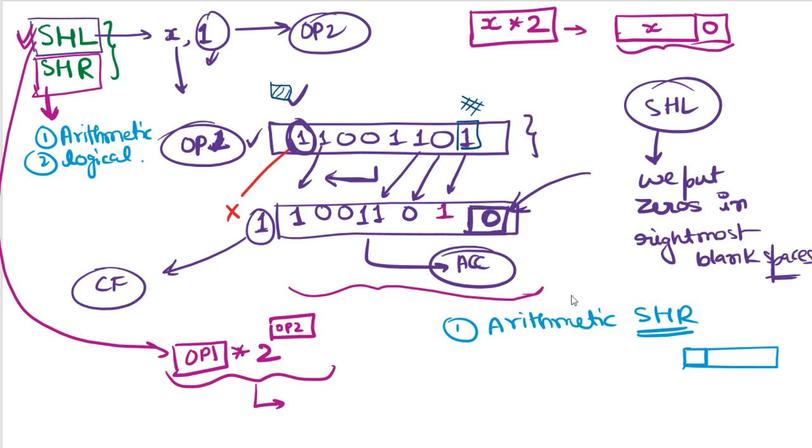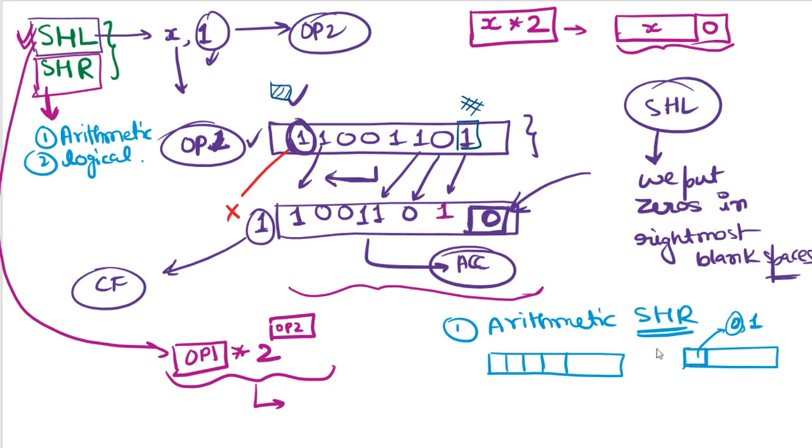When we are shifting towards the right, we check whether this value is 0 or 1, and depending on the value present in the most significant bit, arithmetic shift right puts this specific value in the vacant spaces.